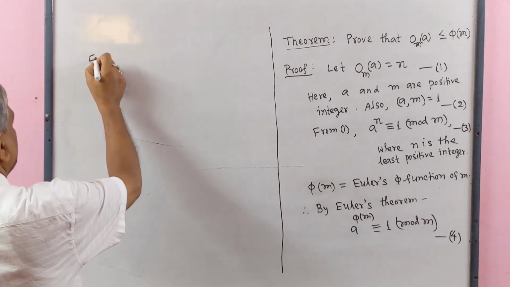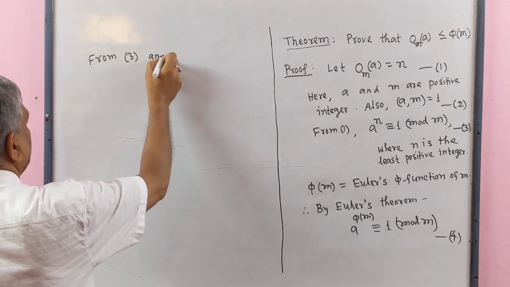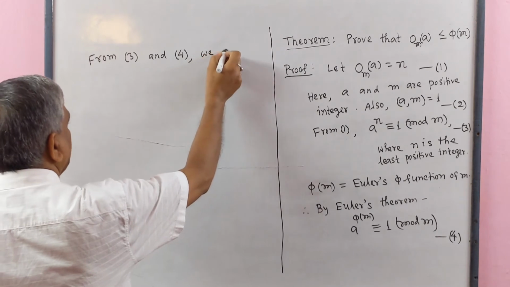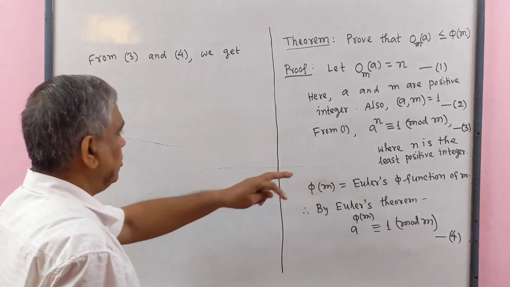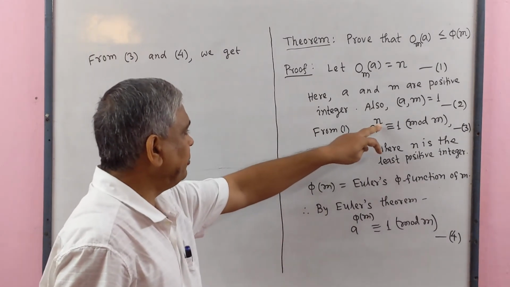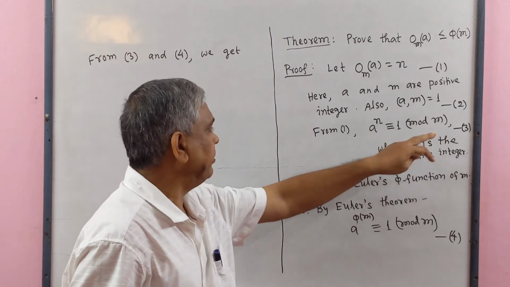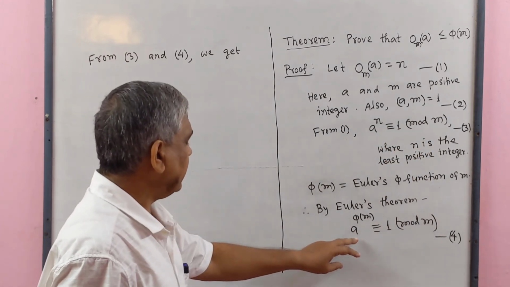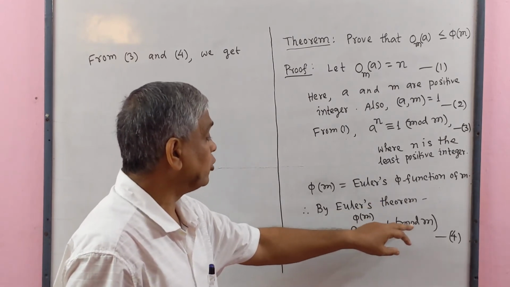From 3 and 4, we get that here a to the power n is congruent to 1 modulo m, n is the least positive integer. Here a to the power phi m is congruent to 1 modulo m.